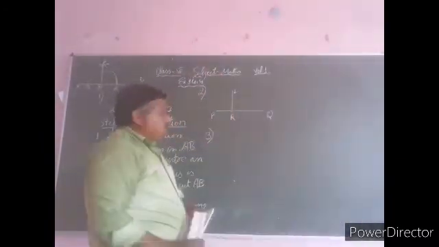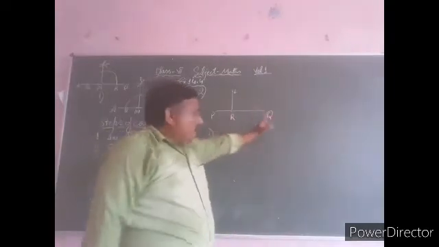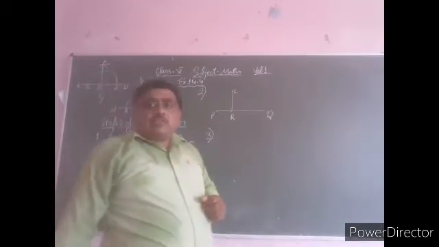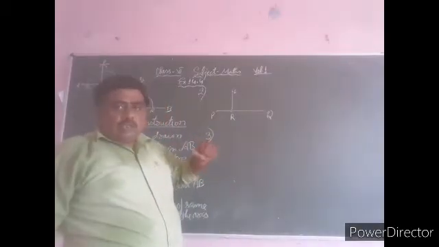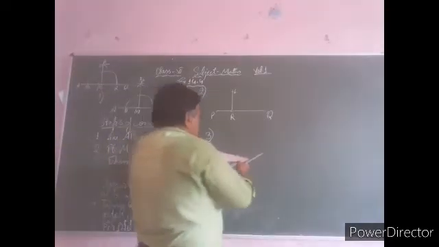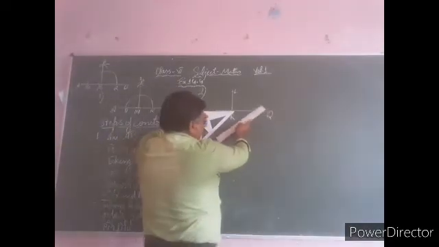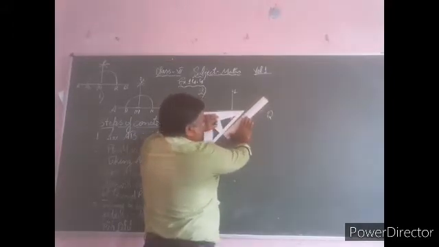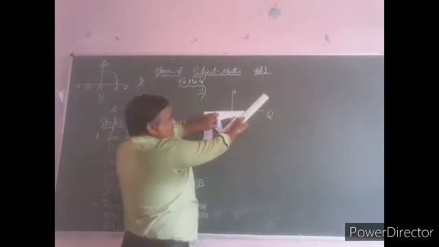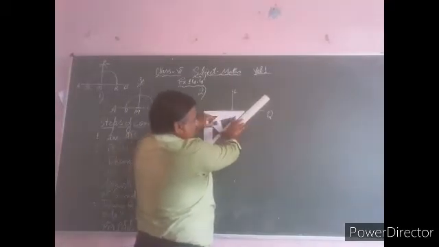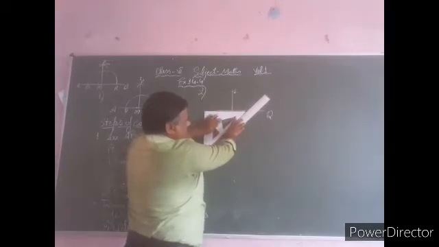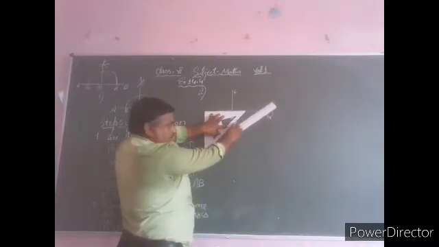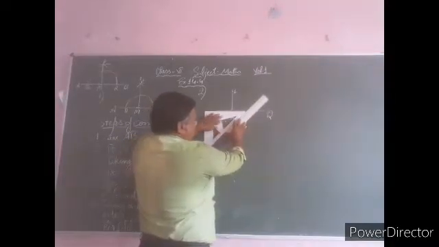So step number 1, a line PQ is drawn. Step number 2, a point R is taken on PQ. Step number 3, using set square and ruler, the perpendicular line is drawn. Place the set square in this way on the line, and on this hypotenuse place the scale.